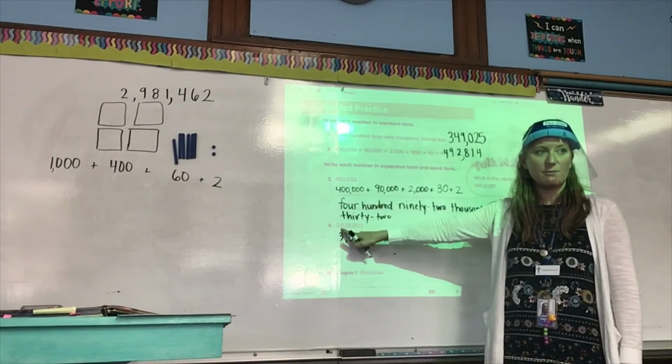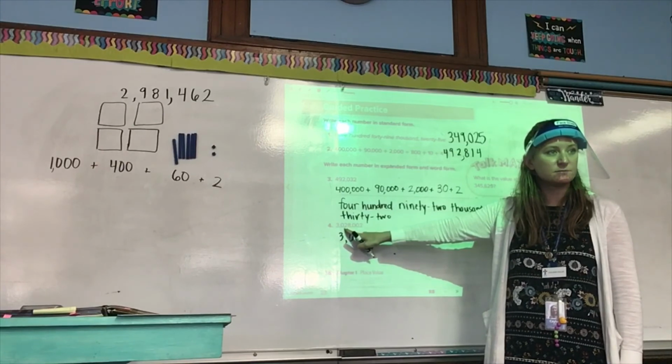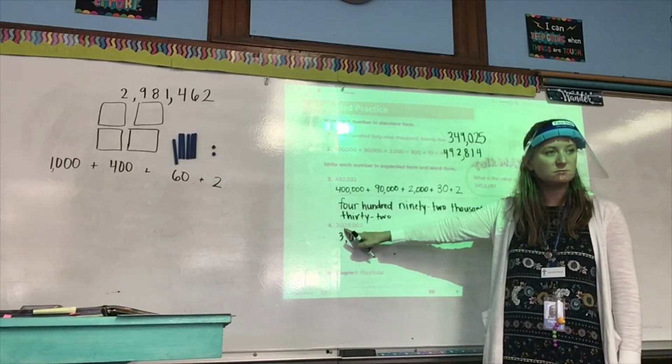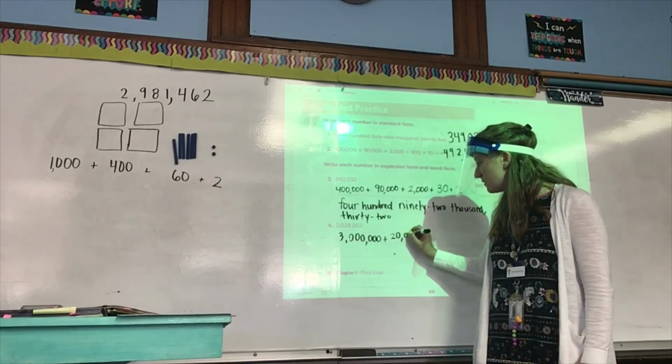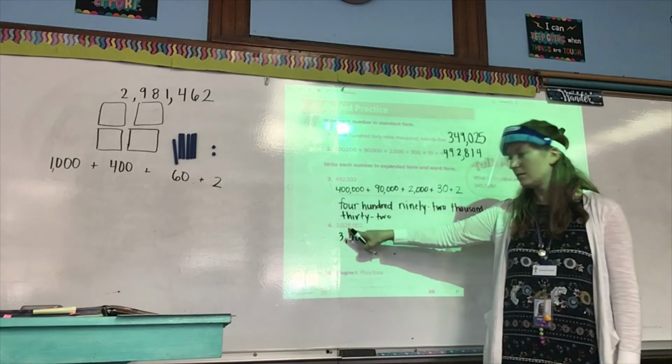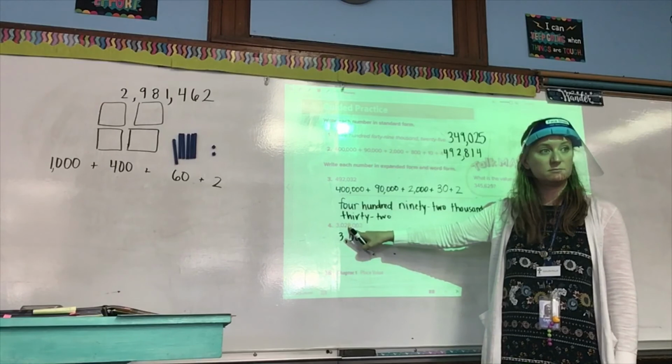This 0 is worth 0, so do we include it? How much is this 2 worth? 20,000. 20,000 plus 8. Not 8.